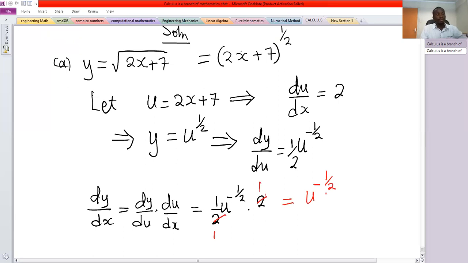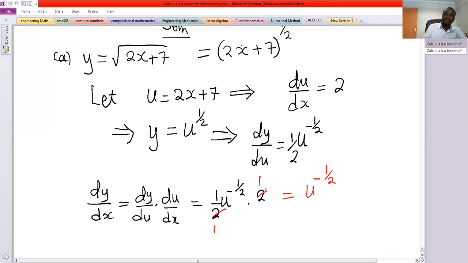And then from u raised power minus a half, you don't leave your answer in that form because u was our own creation. Therefore, dy dx is given by u, which is (2x plus 7) raised power minus a half.